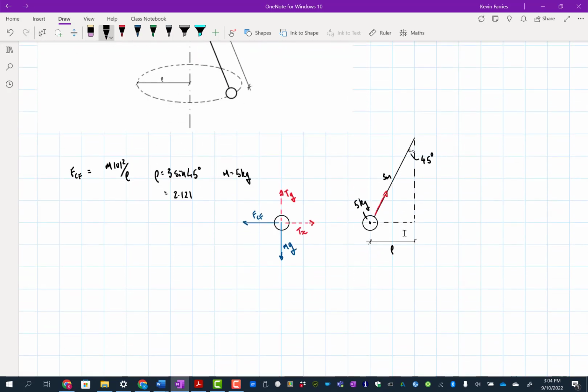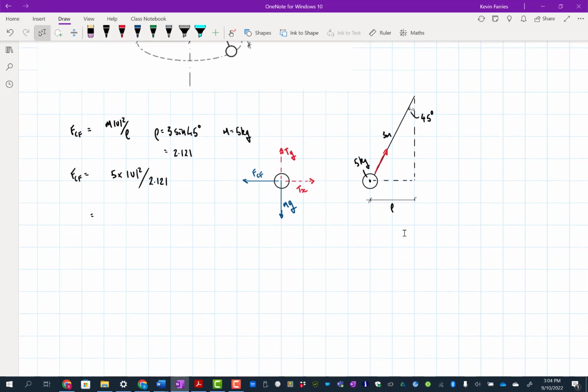So the centrifugal force, FCF, is just going to be equal to 5 times speed squared divided by 2.121, which is the radius of the motion. So 5 divided by 2.121 is 2.357.